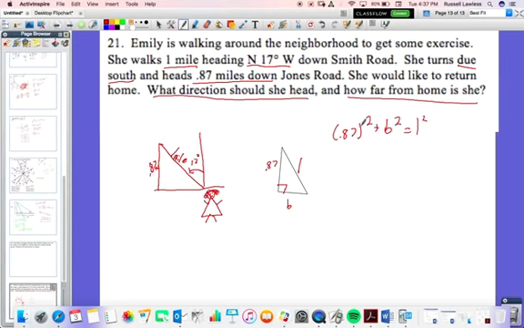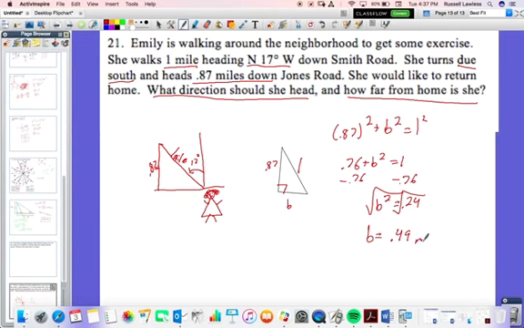So 0.87 squared is going to be equal to 0.76. This is going to be a regular B squared. This is going to be equal to 1 squared, which is 1. I'm going to subtract 0.76 from both sides. Now that gives me B squared is equal to 0.24. When I square root both sides, B will finally equal 0.49.